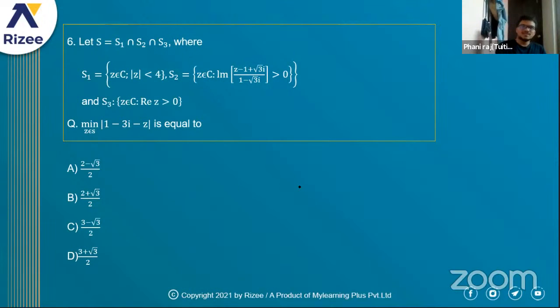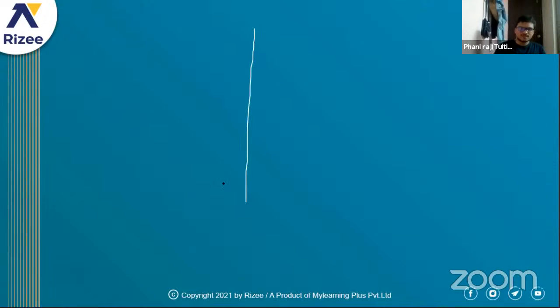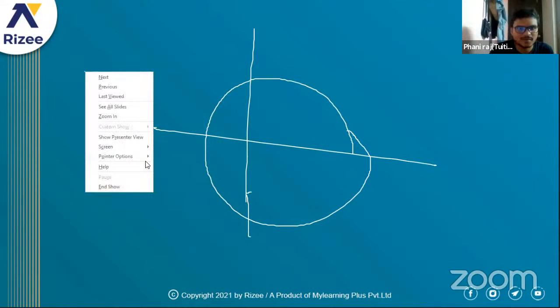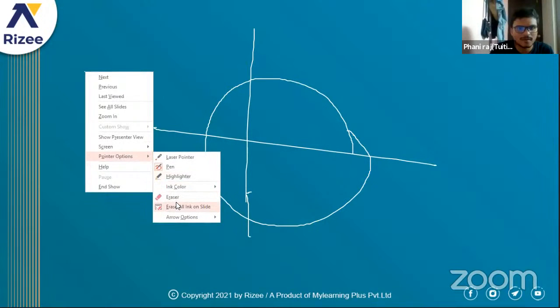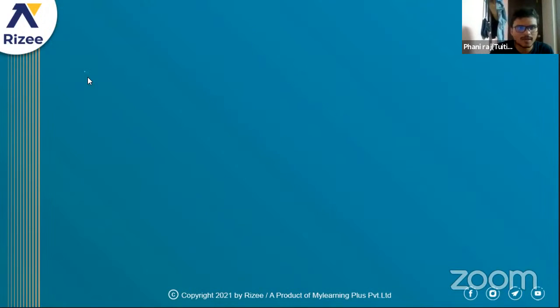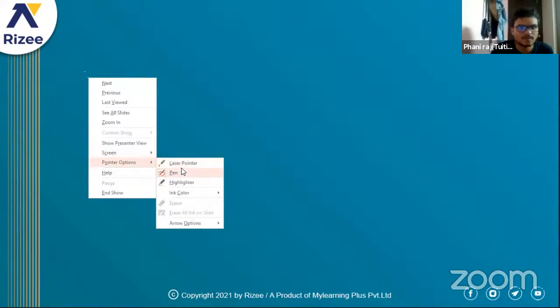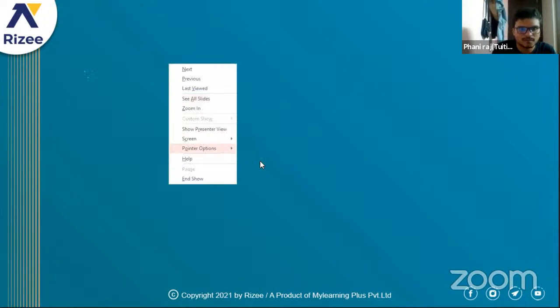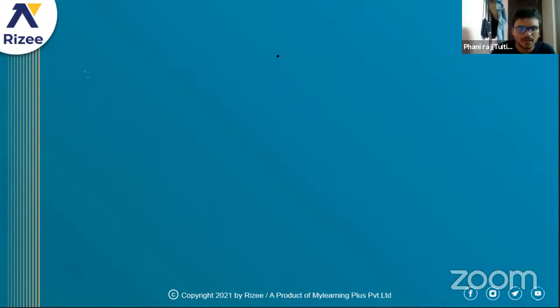So now you see, S1 is the set of all circles. Okay, S1 and S3 we'll plot first. This looks nasty. Okay, so we'll draw the standard X and Y axis.